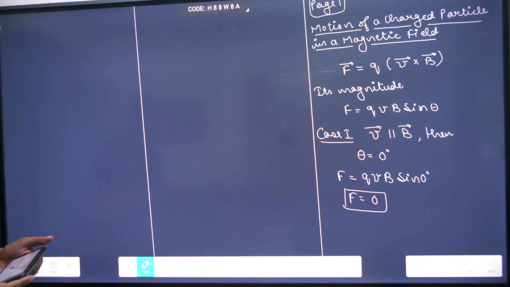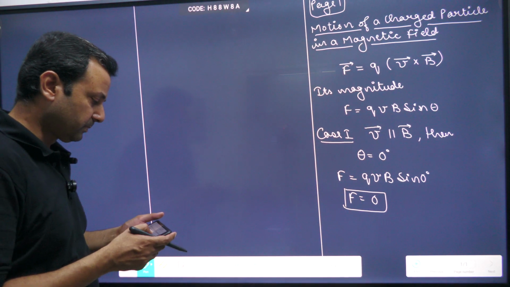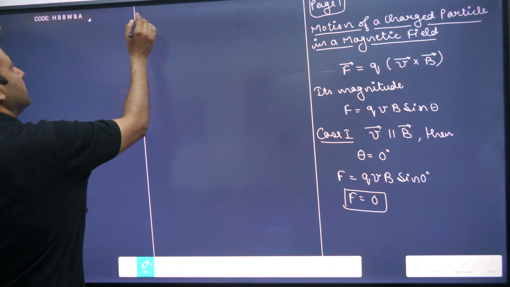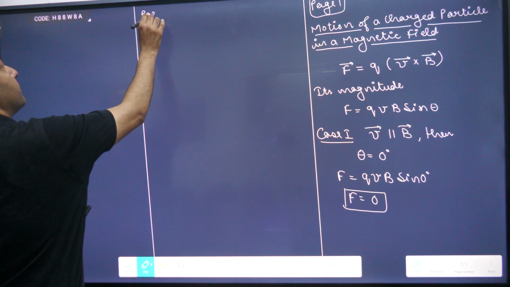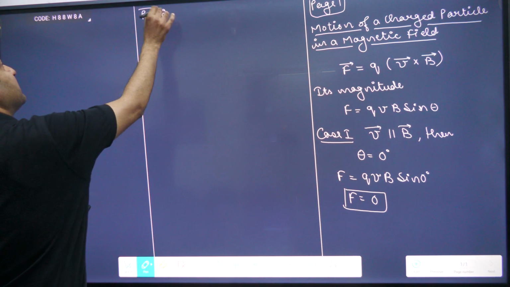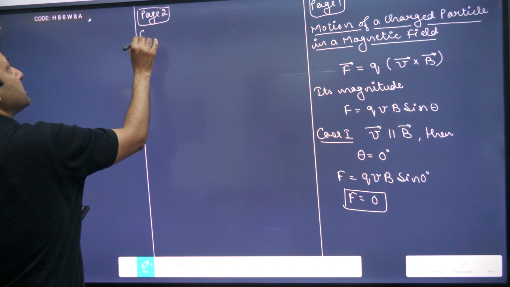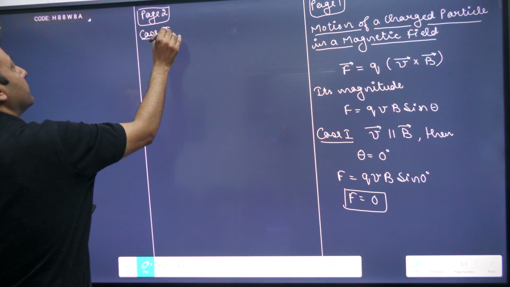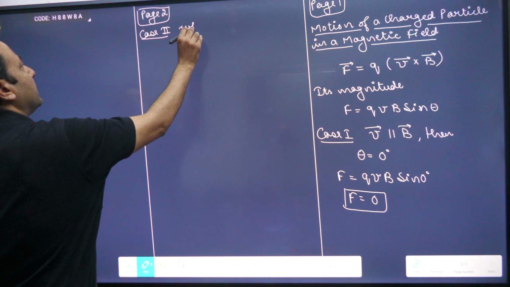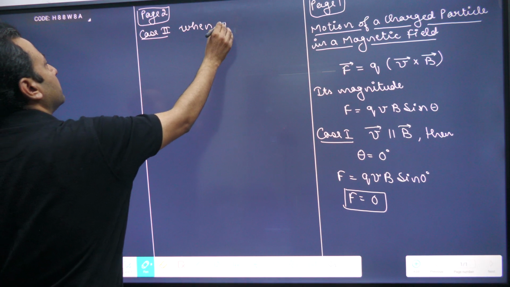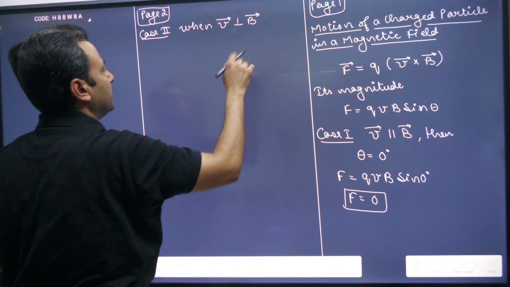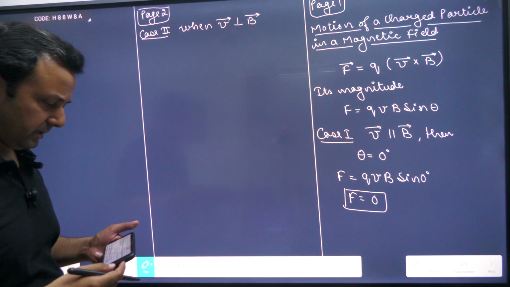Now, second case, when the initial velocity is perpendicular to the magnetic field, when v vector is perpendicular to magnetic field B vector.